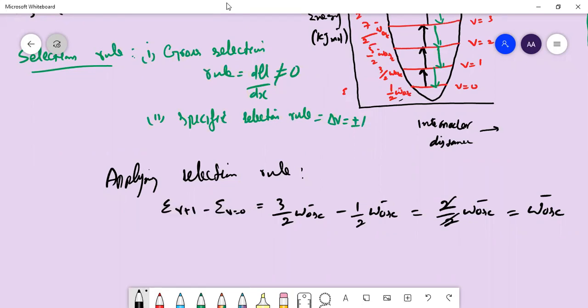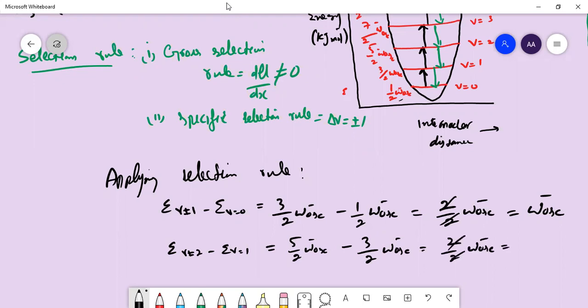Similarly, if I take the difference between E(v) equal to 2 and E(v) equal to 1, the value for E(v) equal to 2 is 5/2 omega oscillation bar, and for E(v) equal to 1 it is 3/2 omega oscillation bar. So the difference will be 5 minus 3, which is 2/2 omega oscillation bar.